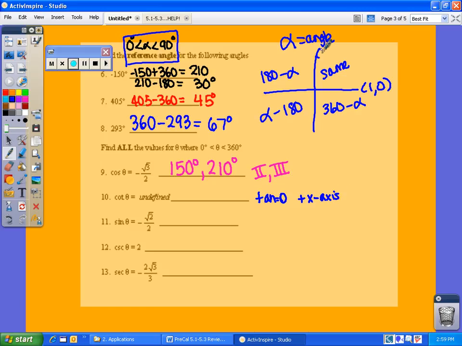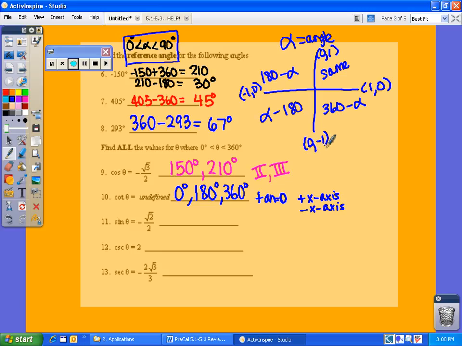If I do 1 over 0, that's undefined, that's not going to work. And if I do 0 over 1 here, that also gives me 0. That's the negative x-axis. So, the only times that the positive and negative x-axis occur are at 0, 180, and 360. So if you don't have your chart, you have to really know your axes.